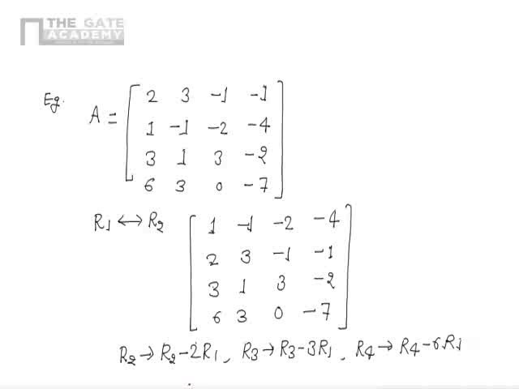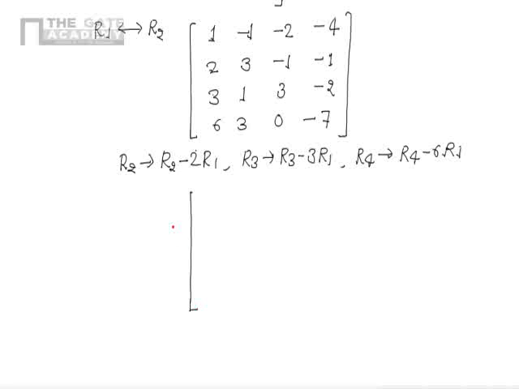So this matrix will take the form 1, minus 1, minus 2, minus 4, and this will become 0, 5, 3, 7. This row will become 0, 4, 9, and 10. And similarly in the last row, I'm multiplying the first row by 6 and subtracting it, so I'll get 0, 9, 12, 17.